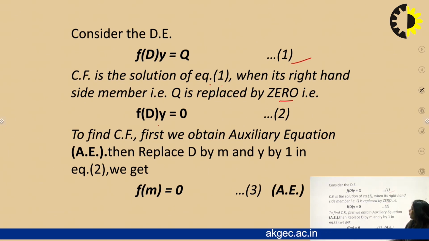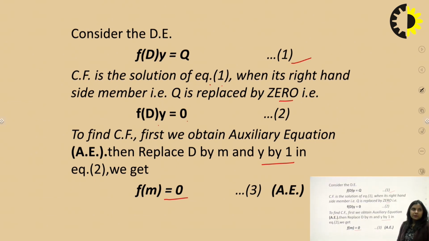First we obtain the auxiliary equation by replacing D by m and y by 1. So the auxiliary equation is f(m) = 0. Now we have to find the roots of this auxiliary equation. The complementary function depends on the roots of the auxiliary equation.